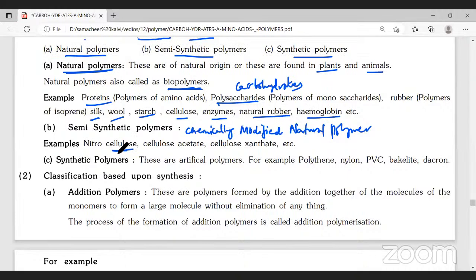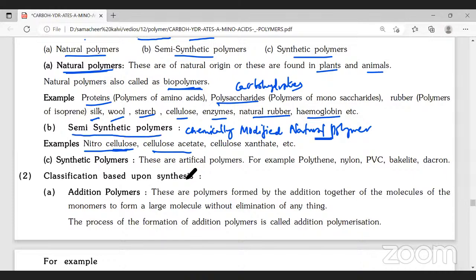If you nitrate cellulose, we get nitrocellulose. So cellulose is modified with a nitro group, therefore it's an example for a semi-synthetic polymer. Cellulose acetate: cellulose, a natural polymer, is reacted with an acetate group and modified, then we get cellulose acetate. So chemically modified natural polymers are called semi-synthetic polymers.